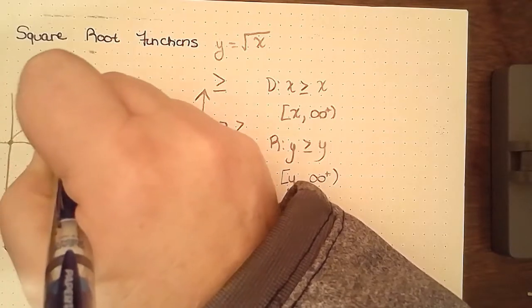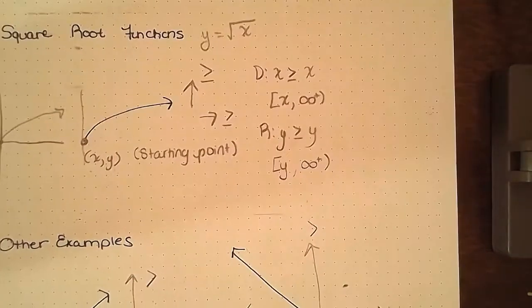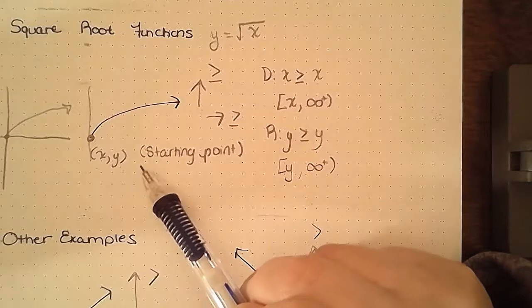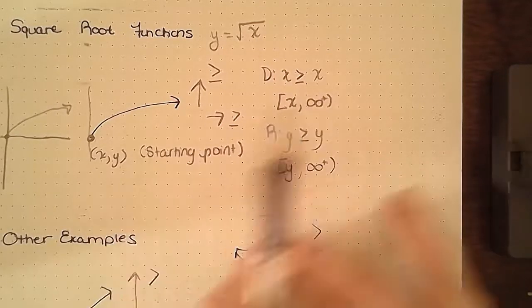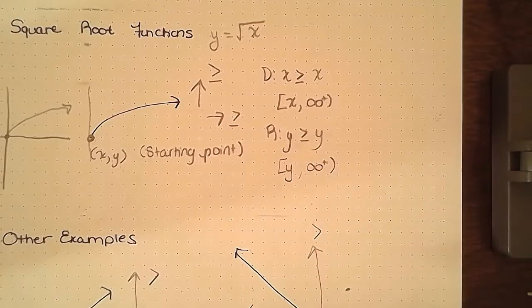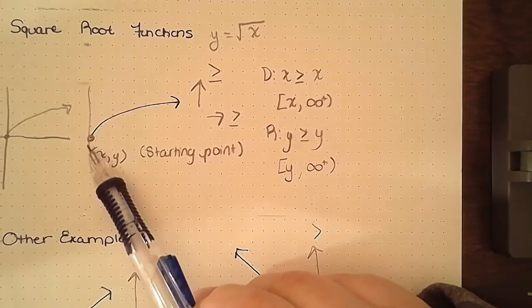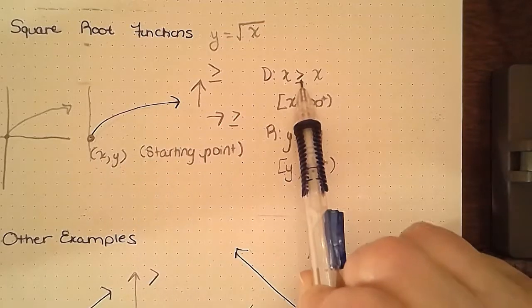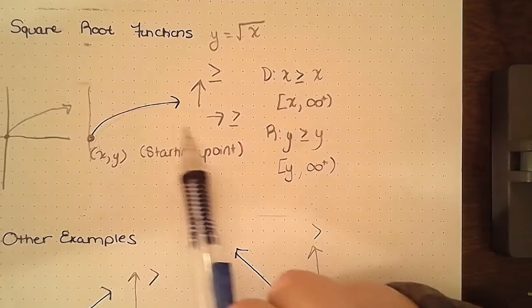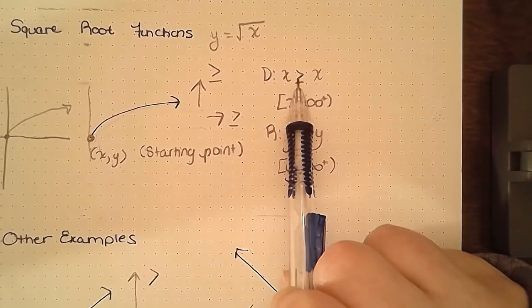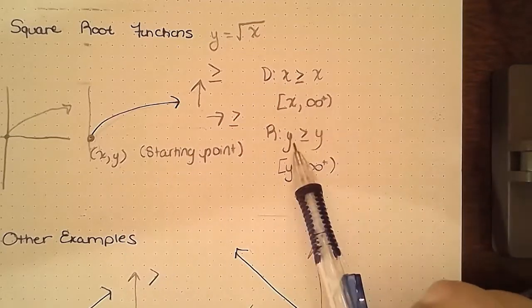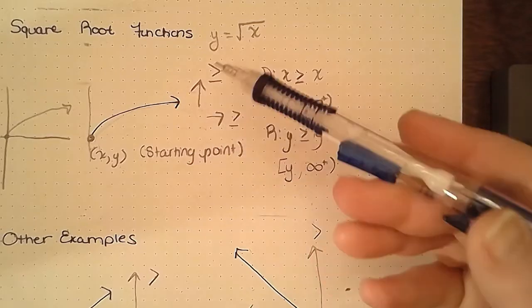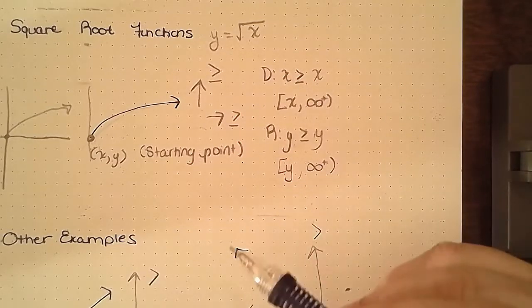All right, okay. So here, wherever this starting point, now this can be transformed left or right, just like lines can. So wherever the starting point is, remember it's going up, so it's greater than, it's going to the right, so it's greater than or equal to, and it's going up, so y is greater than or equal to. Now it can be transformed going in the other direction, so just be careful of that.